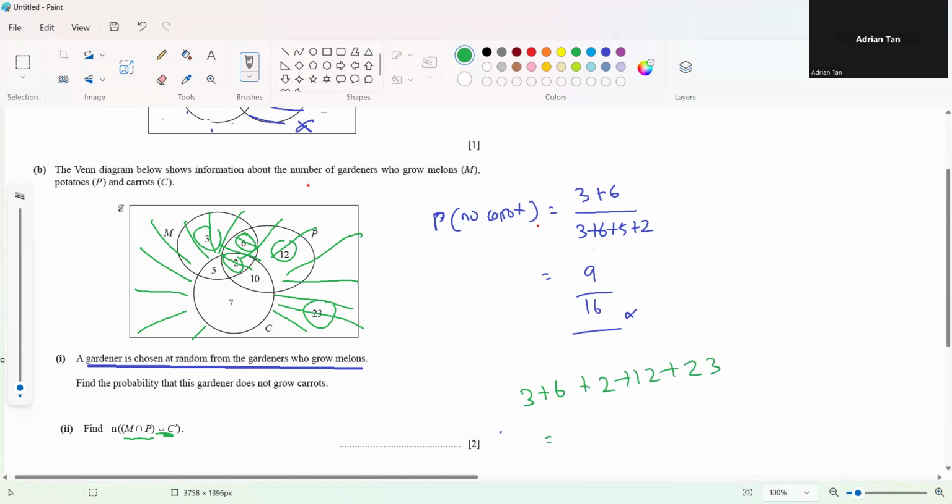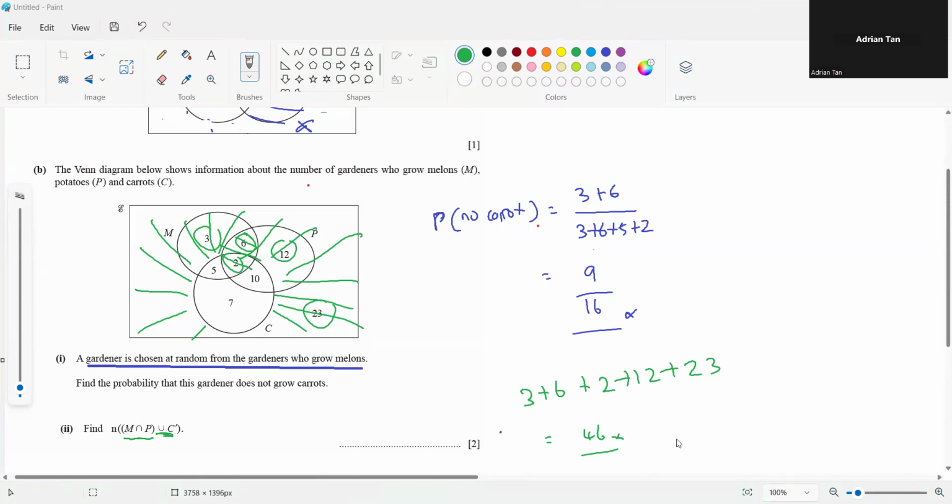So that would just be 46. And that is done. So remember, for intersect, you're erasing the shade. For union, you're combining the shade. So please don't forget about that. So for 22, we skip because it is a matrix question again. Whereas for 23, we can attempt it.